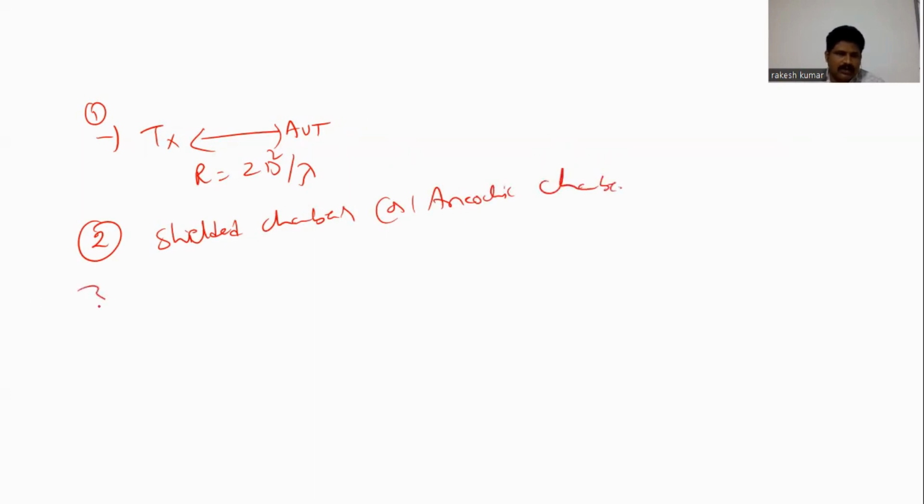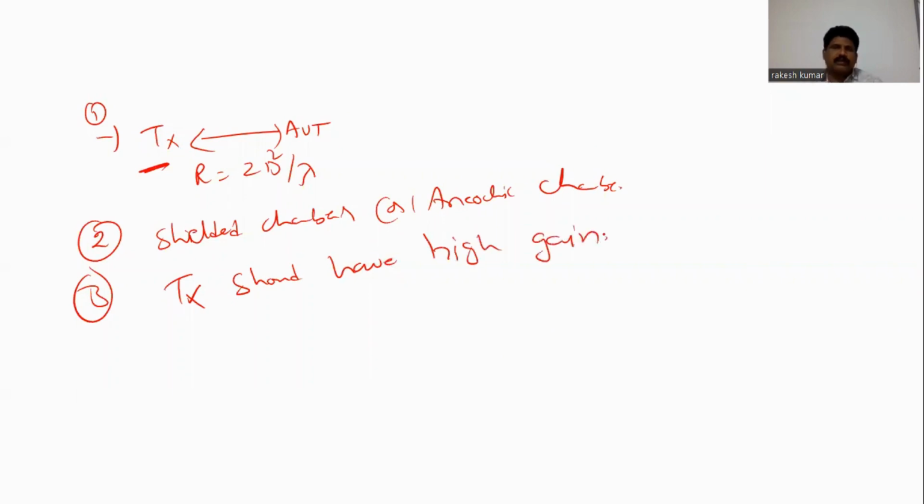And third, the transmitting antenna you are using should have high gain. These are the points you want to remember while keeping any setup.